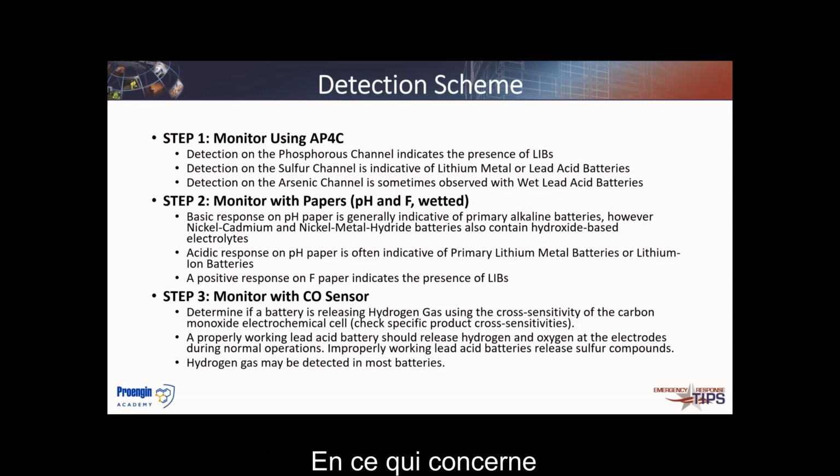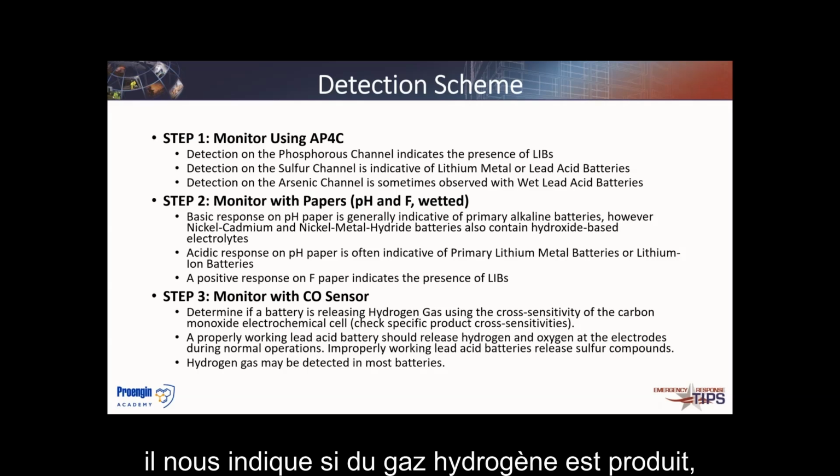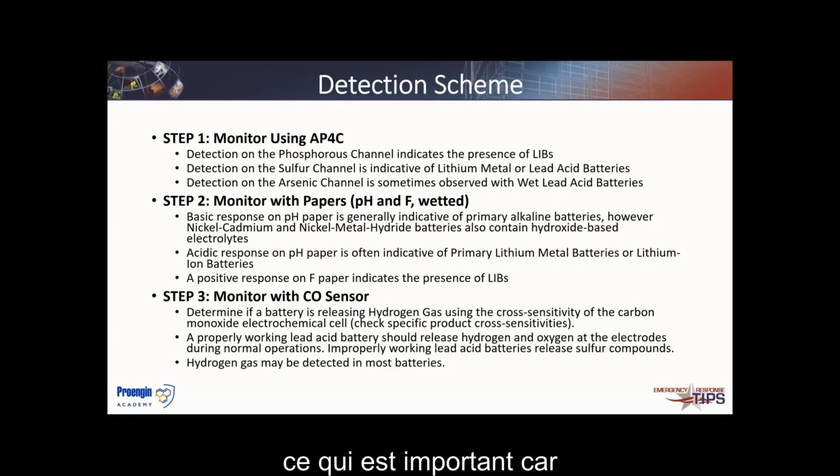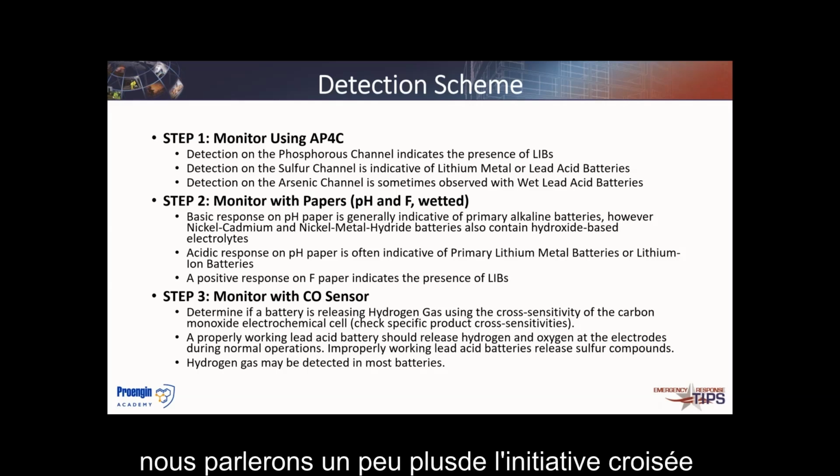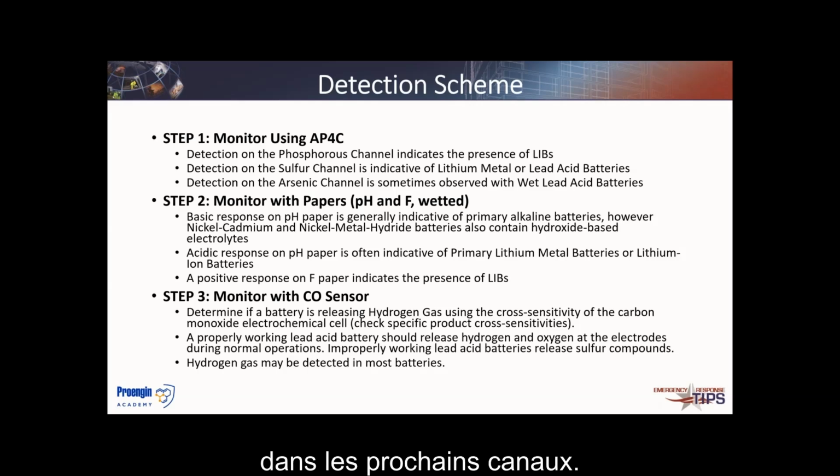So we'll talk a little bit more about that. And then there's your CO sensor, which allows you to know if hydrogen gas is being produced, which is an output product of some of these materials. So it's letting you know there, as well as it can cause some other issues. And we'll talk a little bit more about the cross sensitivity in the next couple of slides.